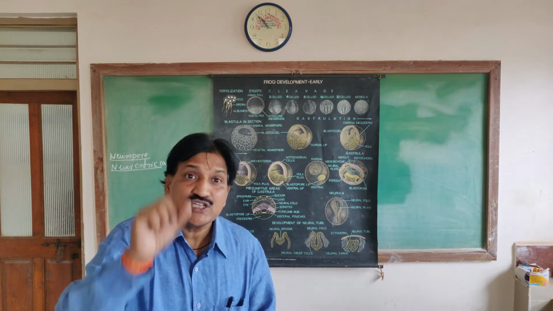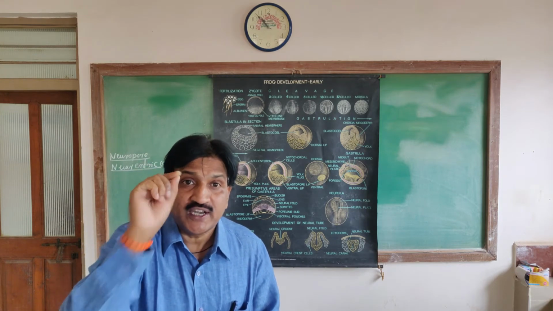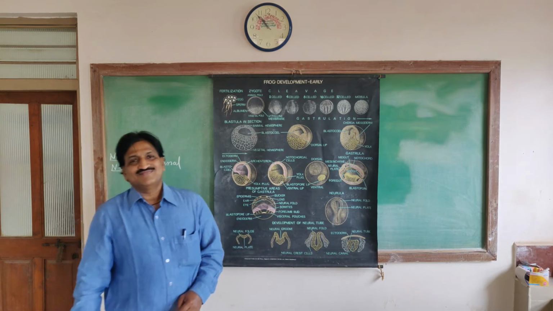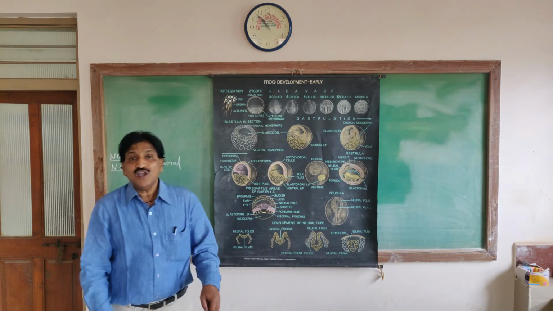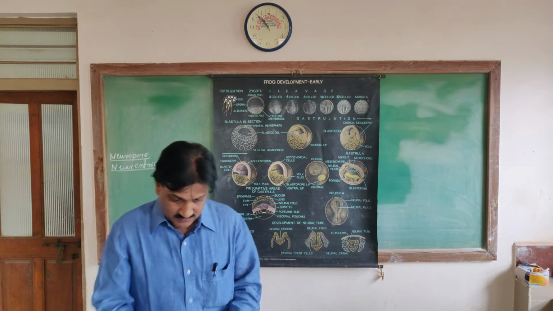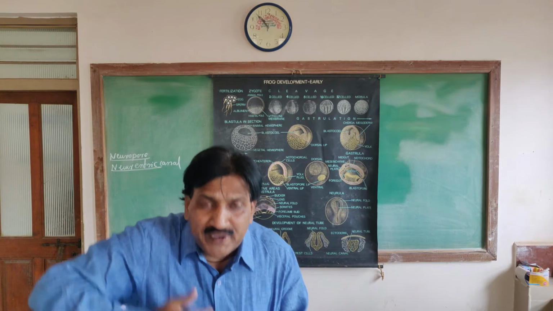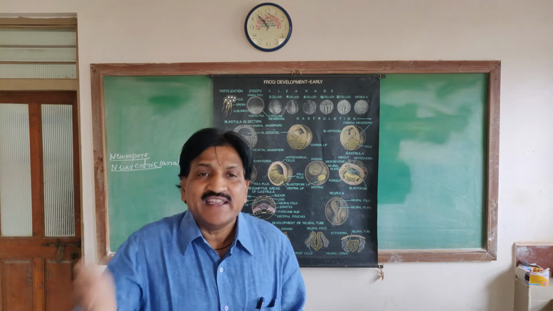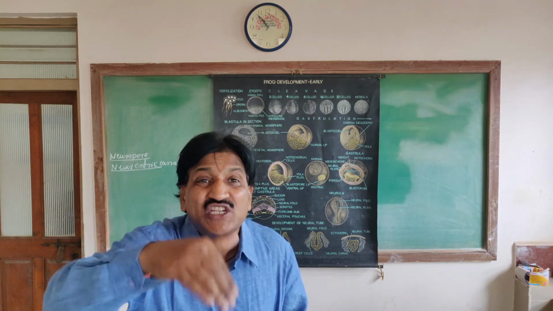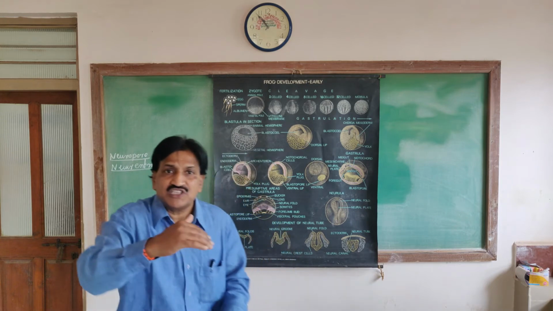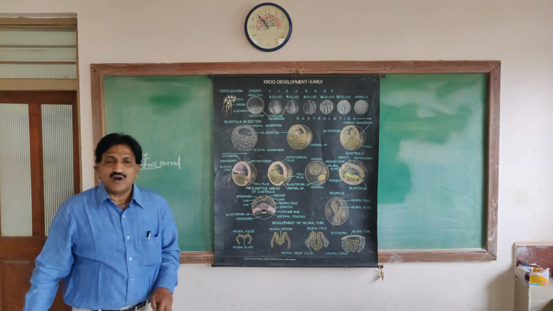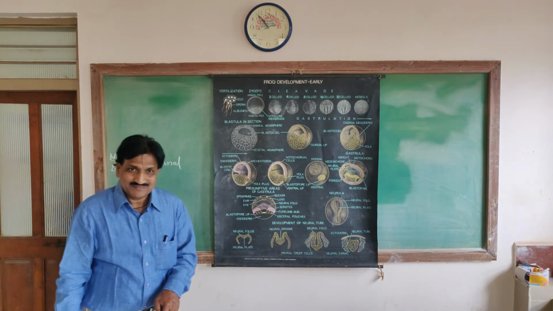That is called the neuroectoderm. The neuroectoderm is a presumptive material for the formation of the neural tube. It is present on the mid-dorsal side, just above the notochord.